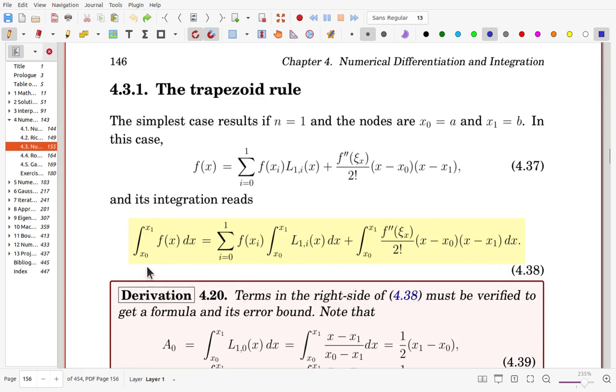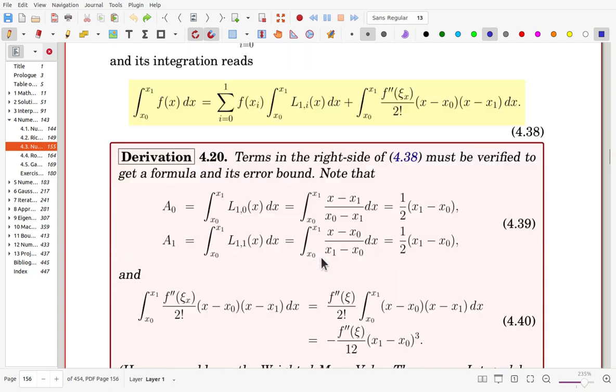So the integral from x0 to x1 of f is the same as these two terms, and then the integral of the interpolation error. We can evaluate this one easily.